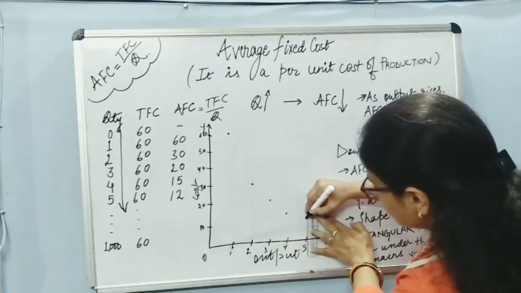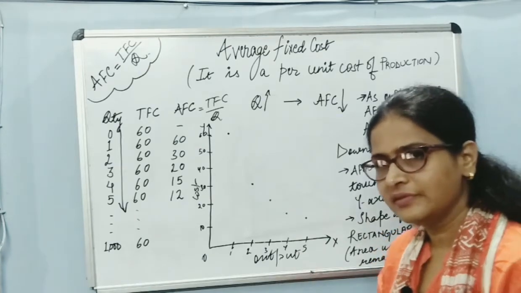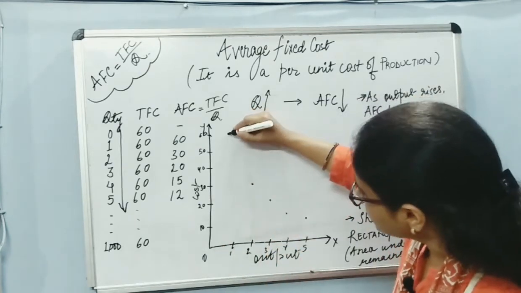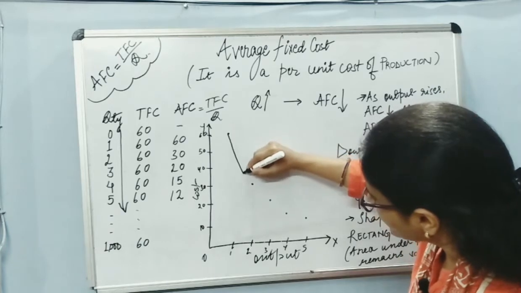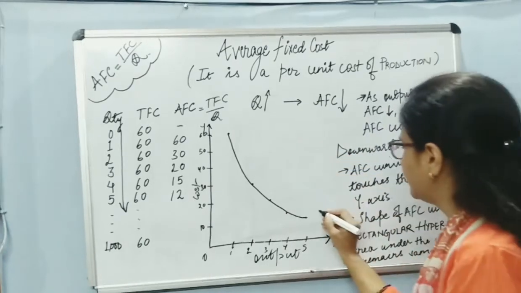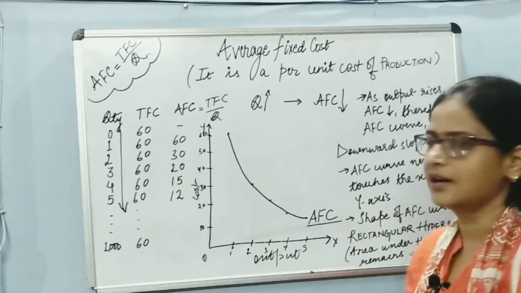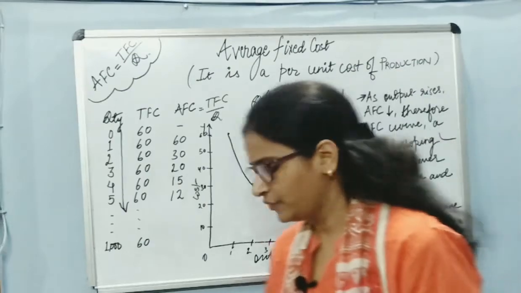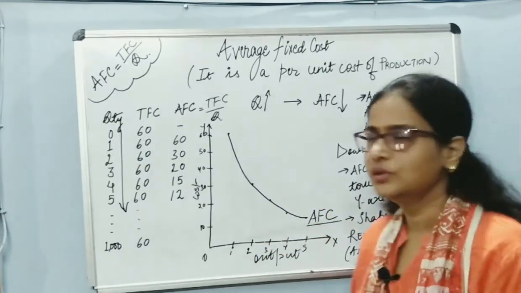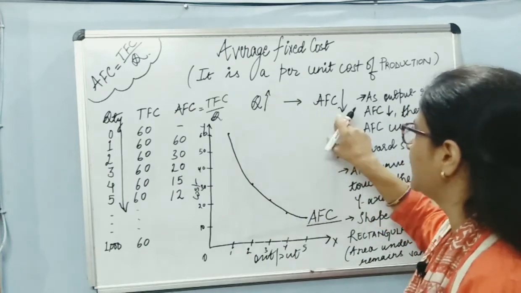So it is somewhere here. Alright. Now next what we will do? We will join all the points. That is your AFC curve.